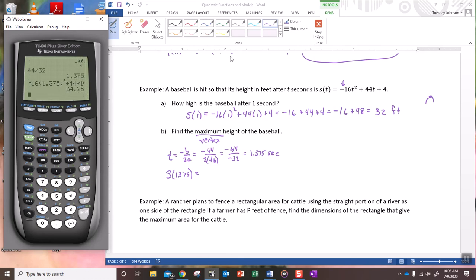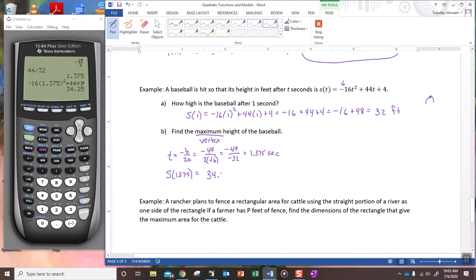Hopefully I entered everything correctly, and we will end up with a height of 34.25 feet as the maximum height. And we could check this with a graphing utility, whether you use Desmos or I have a calculator emulator here. Whatever system you use, you can check and make sure that those values are correct.